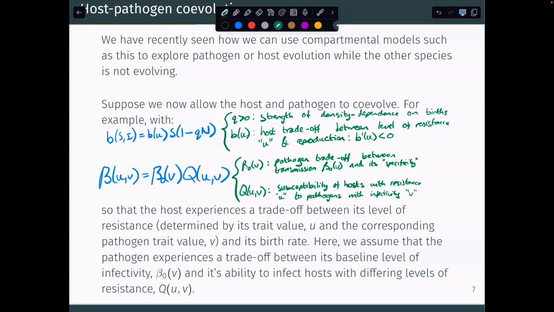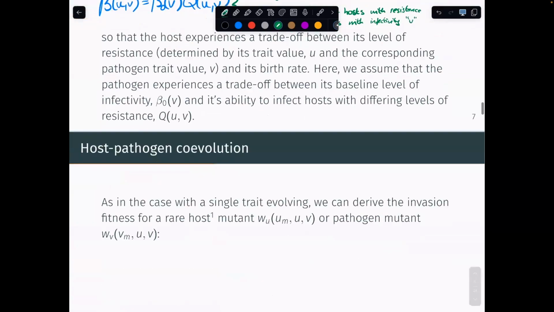So one might set this up, for example, to assume that if V is greater than U, then the pathogen has a high level of infectivity. One could use obviously very different functions to do that. You could also have something where the pathogen has high levels of infectivity if V was equal to U. So it has to match it. So one can then think about different types of trade-off functions as well as different types of specificity functions like this, and think about how those impact on coevolution.